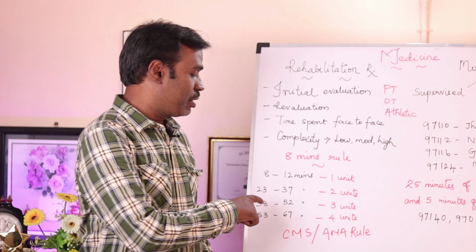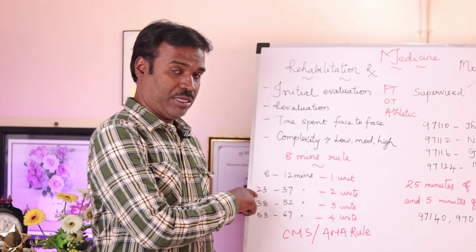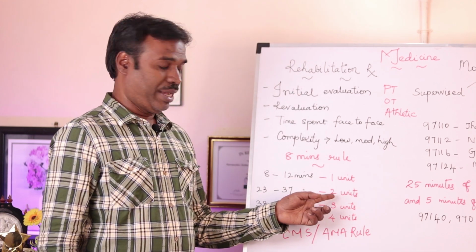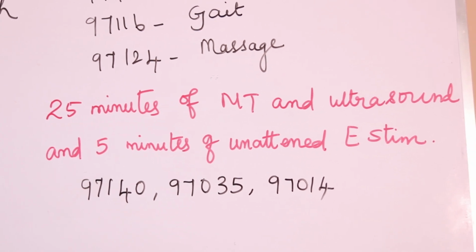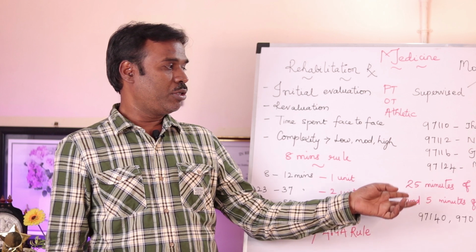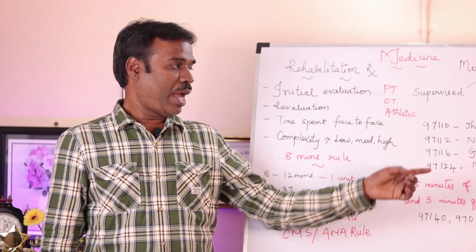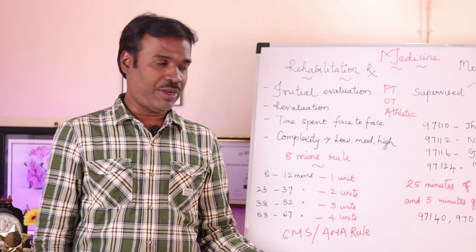Now you have to see where this 25 minutes falls. 25 minutes comes in the 23 to 37 minute range. That means in total you can report 2 units. So we report 1 unit of manual therapy, which is 97140, and 1 unit of ultrasound, which is 97035.